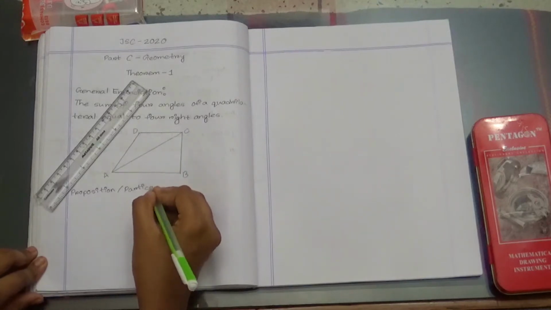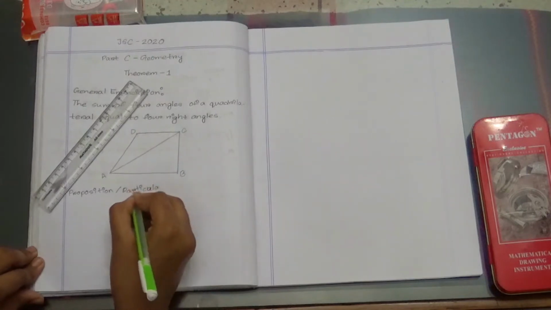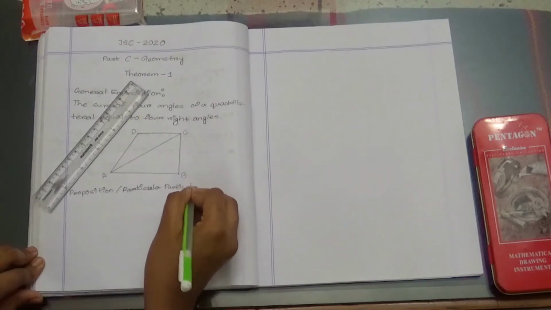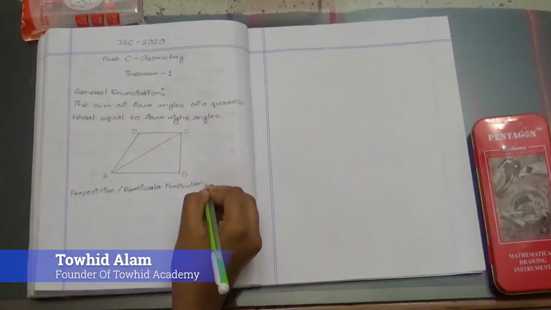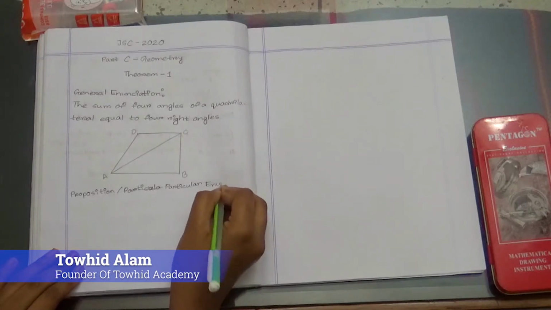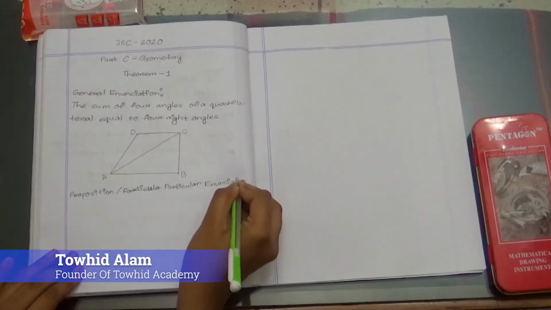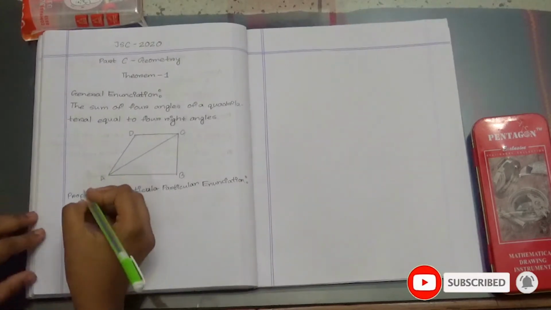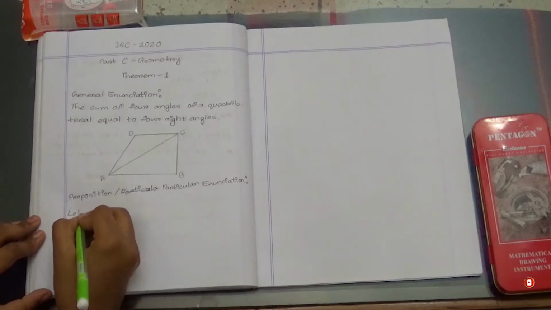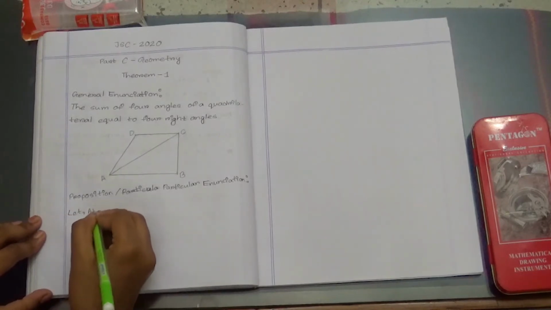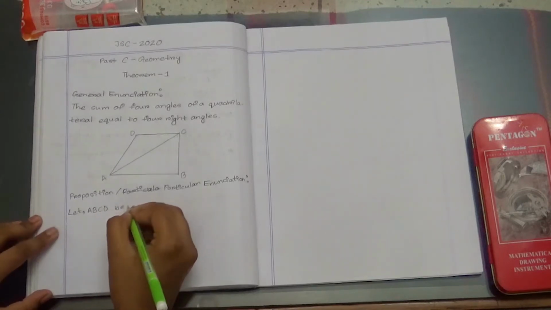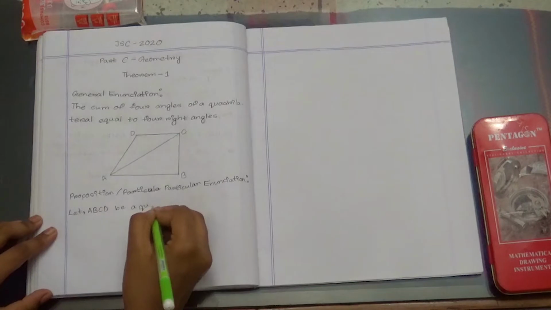Particular. Let A, B, C, D be a quadrilateral.